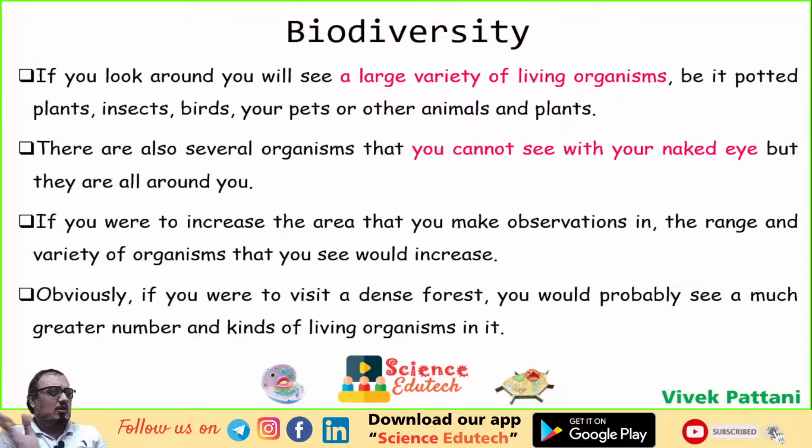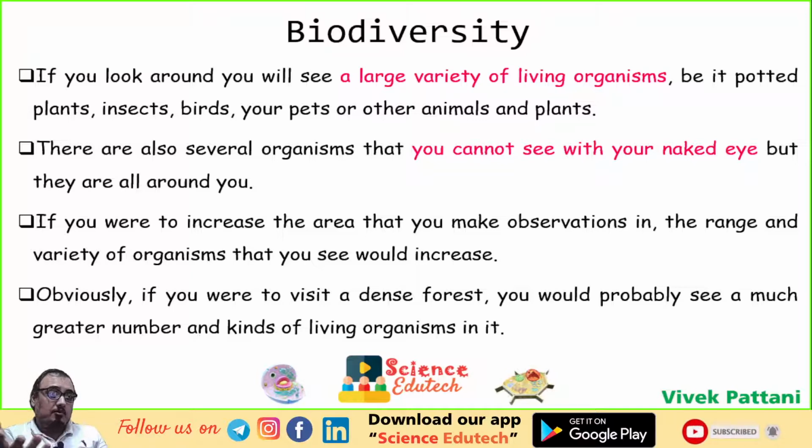When you look around yourself, you will see a very large variety of living organisms. It may be plants which you grow in a pot, or various trees around you.